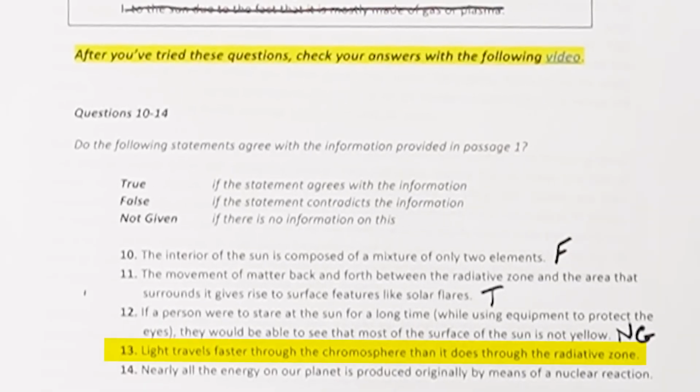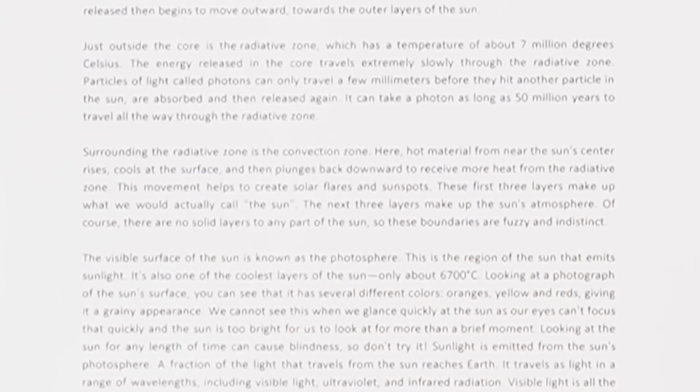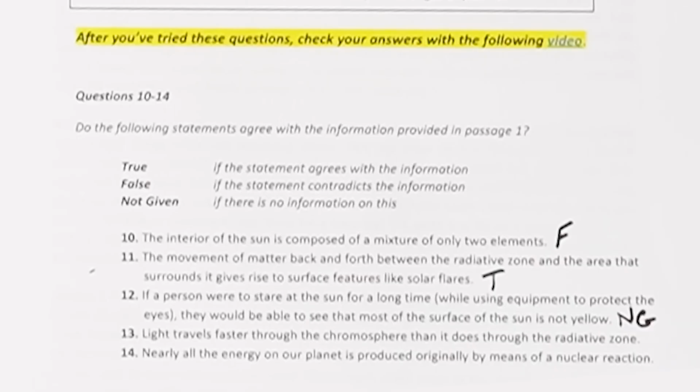So this is comparing the speed of light through two different zones. It talks about the speed of gas here, and it talks about the speed of light in one part of the sun here, but it doesn't compare anything, so we don't know. So this is not given.